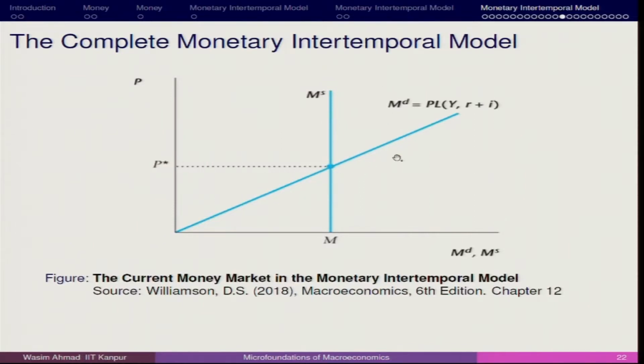Any increase in money supply will lead to a rise in prices, and any decrease in money supply will reduce prices. So price and money supply have a direct relationship.